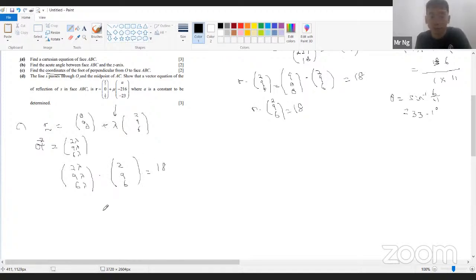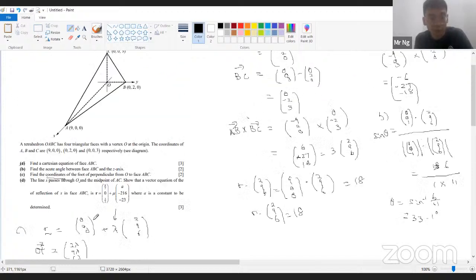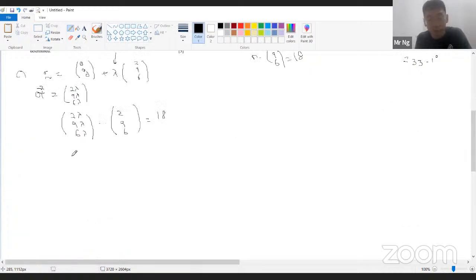Then we find lambda, and we are good. Anything wrong? Yeah, I think it's okay. So 121 lambda equals 18, I think. So lambda equals, I think it's just this.